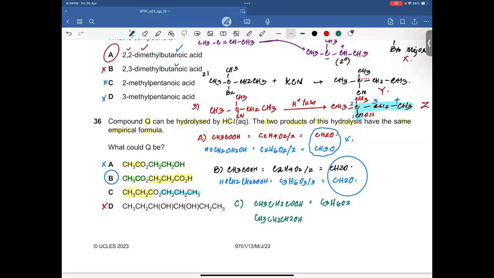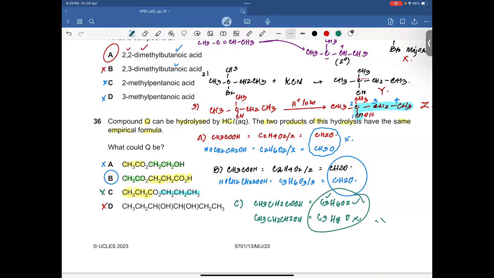We can't halve this because this is 3 carbon atoms. For the alcohol, we have 3 carbon atoms, 8 hydrogen atoms, and 1 oxygen atom. So these two are different empirical formulas. So C is also incorrect.